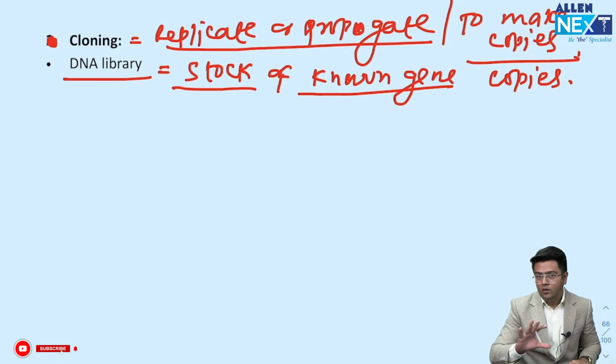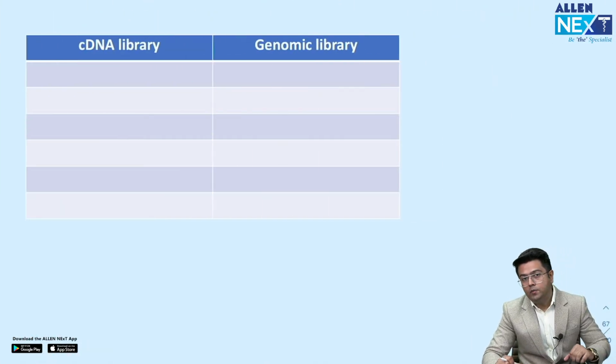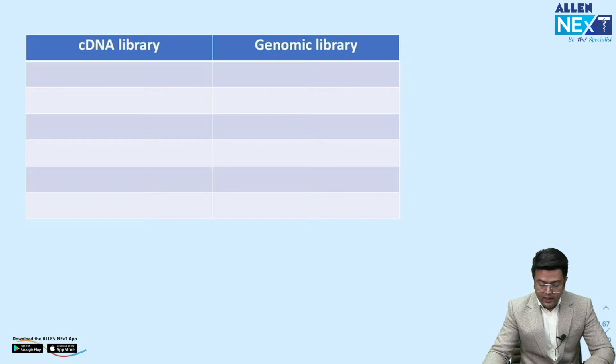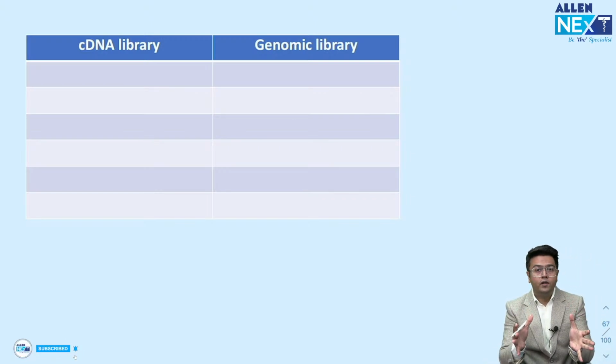So don't worry, nobody will ask you the meaning of DNA library, right? But they will ask you the question: what are the two types of DNA libraries? Okay, so guys, there are two types of DNA libraries. What is a DNA library? Stock of the genes or the DNAs.